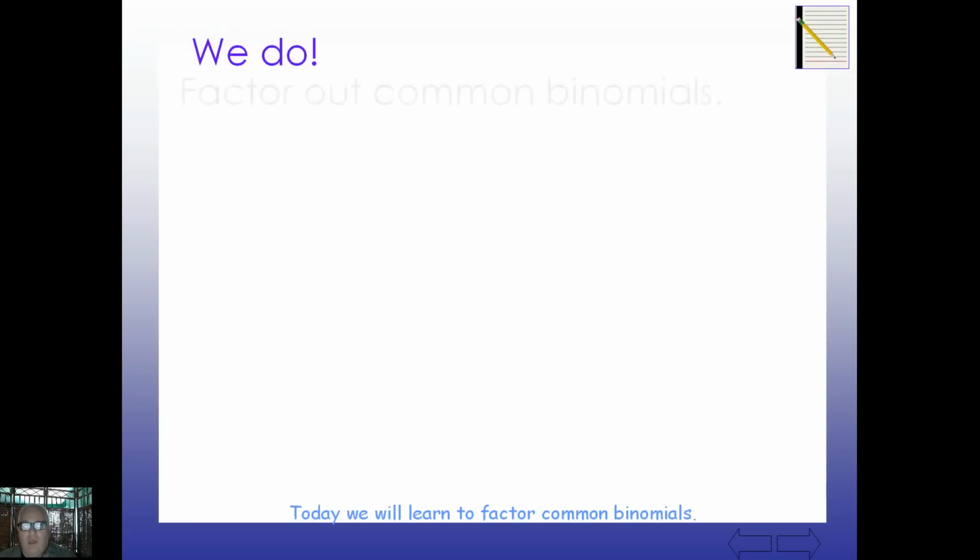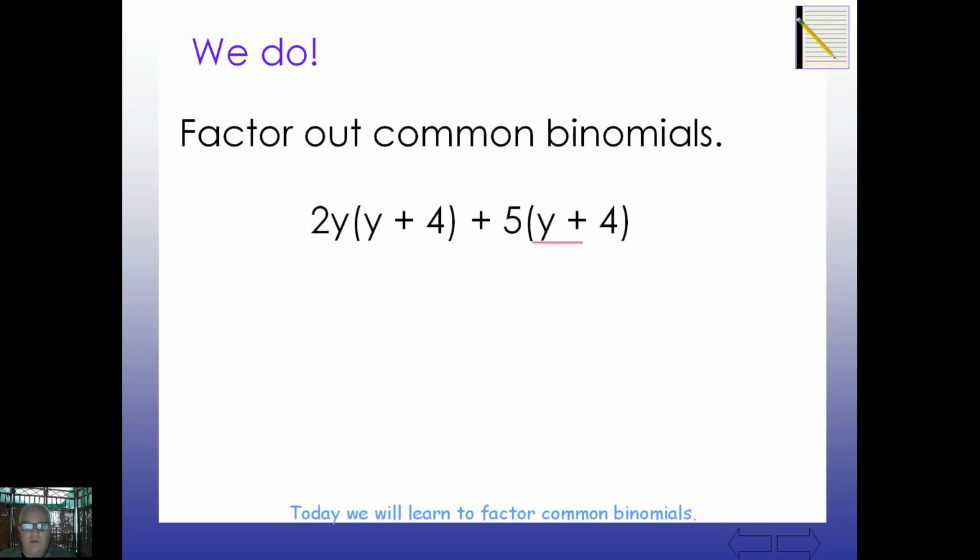All right. How about we do this one together? Go ahead and add this to your notes. Factor out common binomials. You've got 2y, and then times the quantity y plus 4, plus 5 times the quantity y plus 4. So we notice here that y plus 4 is a common factor in both of these terms. Let's go ahead and pull that y plus 4 out to the front. And again, if we just physically did this, maybe I'll change colors here.